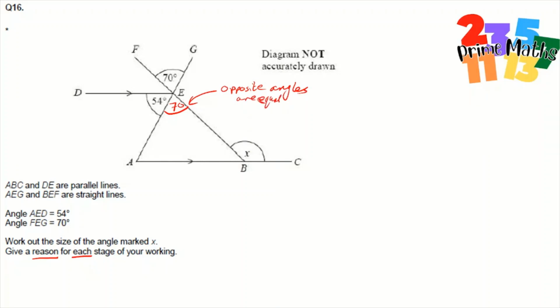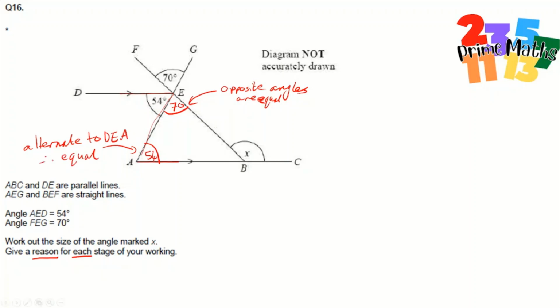We can also see that DEA is alternate to EAB, so this is 54, and I'm going to write alternate to DEA, therefore equal.